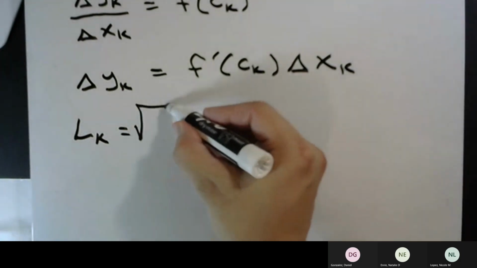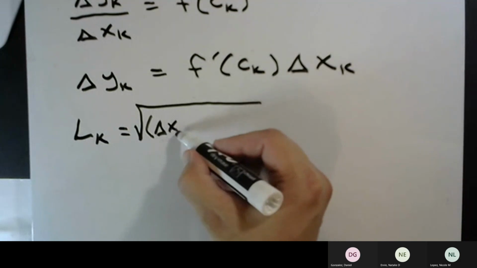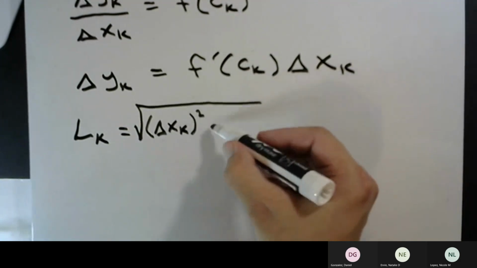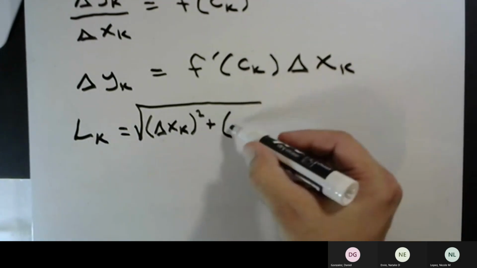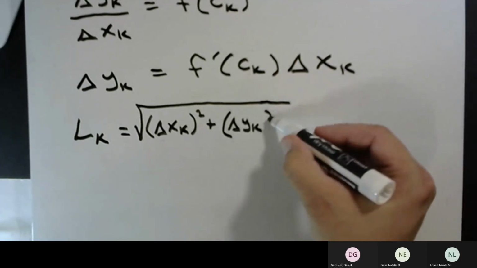Now recall that this was delta xk squared plus delta yk squared.